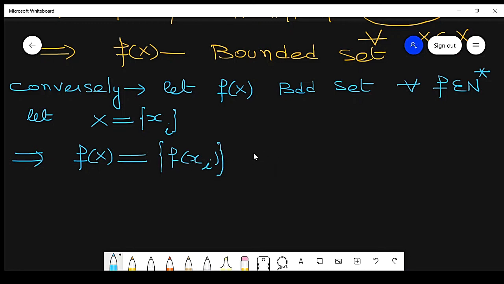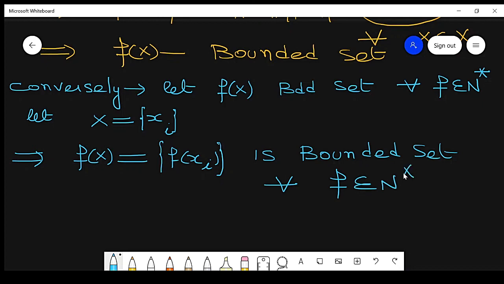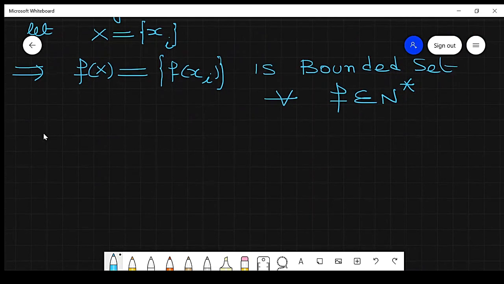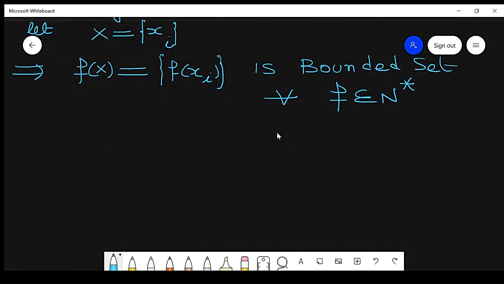Now f of X is a bounded set, so this set is also a bounded set for each f belongs to N star. Remember that.